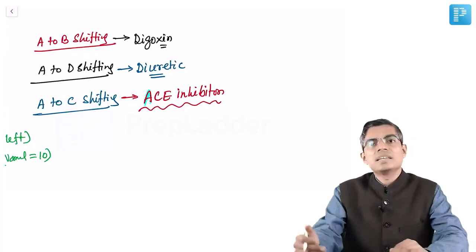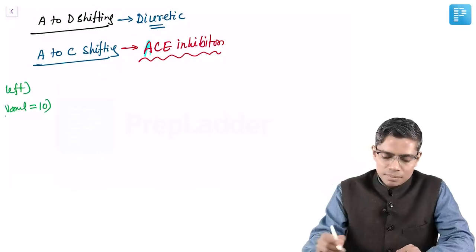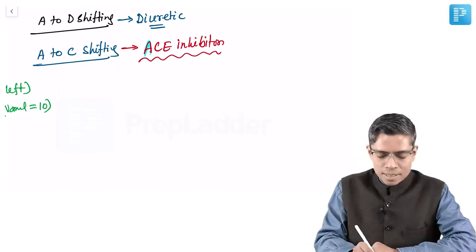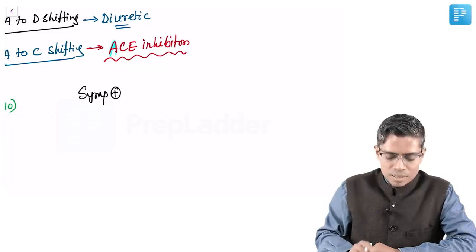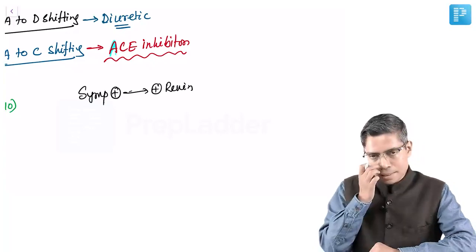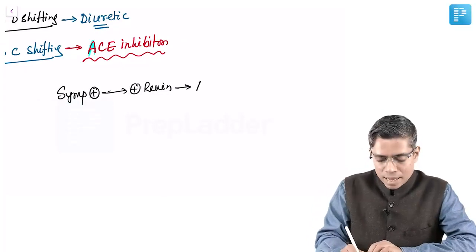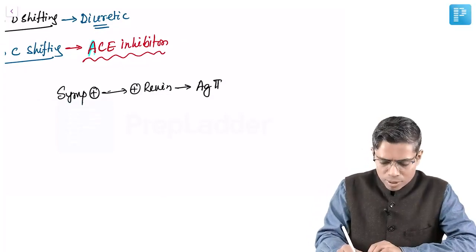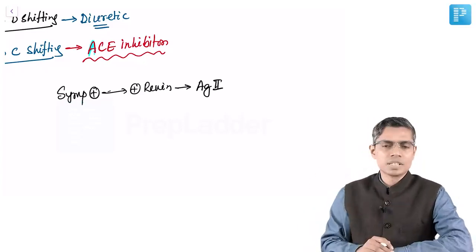So ACE inhibitor, all of you know that when the patient is suffering from heart failure, his sympathetic system is overactive, and when the sympathetic system is overactive, it is a stimulus for a huge amount of secretion of renin, and whenever renin is secreted more, it will stimulate the conversion to angiotensin 2. You know the pathway: renin will convert angiotensinogen to angiotensin 1, and that will be converted into angiotensin 2.